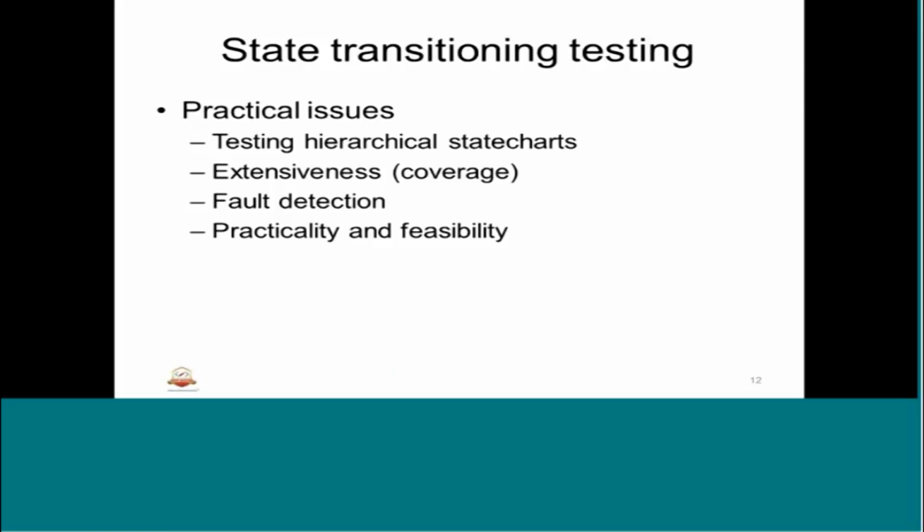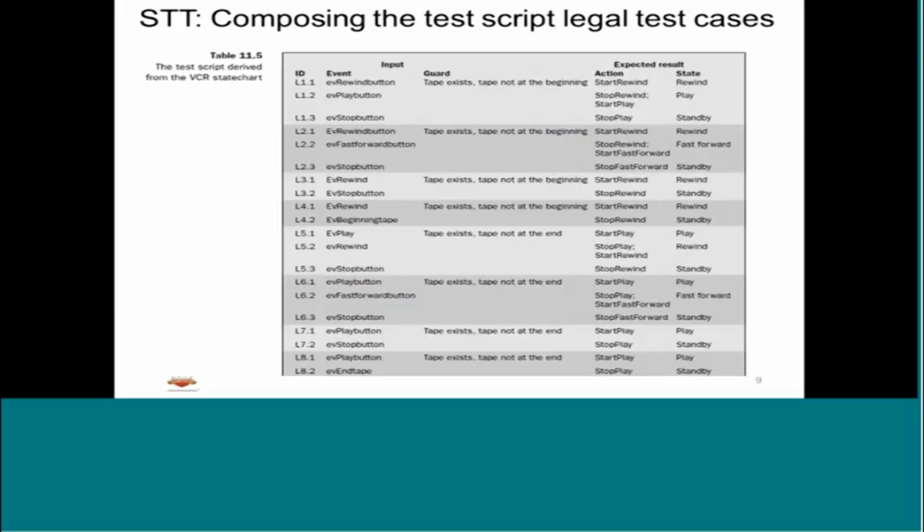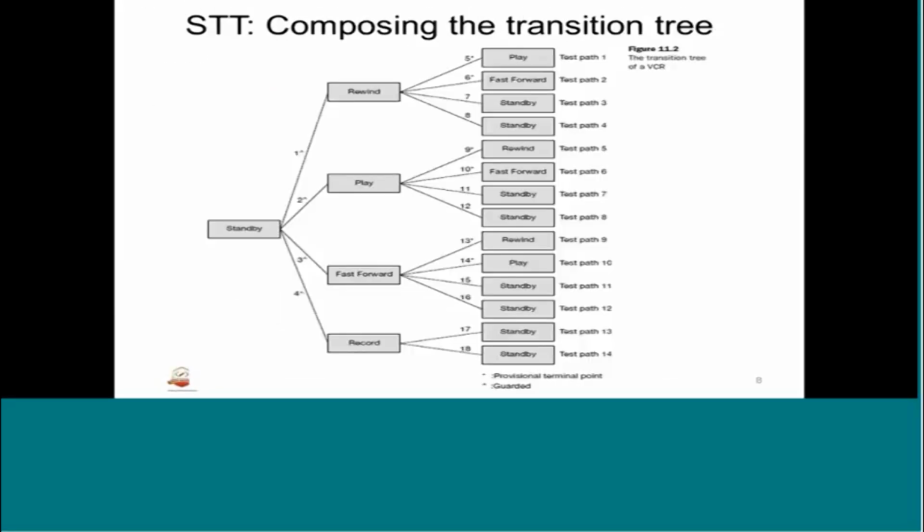So the transitions can be tested individually in that case, but it is also possible to test a combination of transitions. When it is possible, we should be doing that. If it is not possible, we should be testing it alone. That means each transition can be executed or done individually.